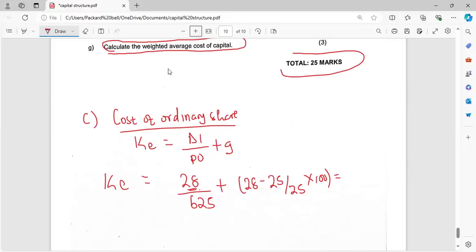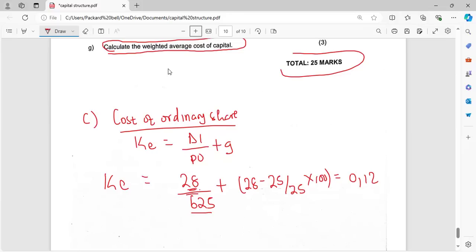The first thing is you are going to get 3 over 25, so you just say 3 divided by 25. It will be 0.12, or you can convert it to percentage, 12%.